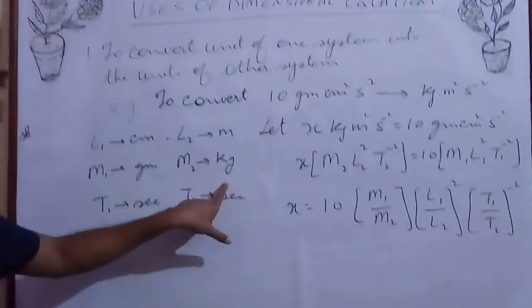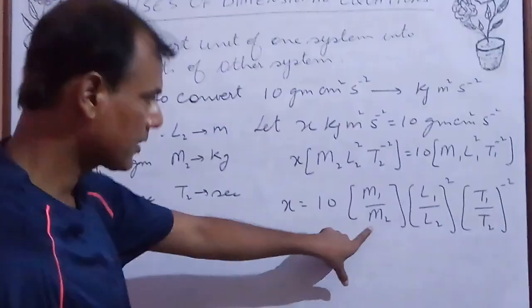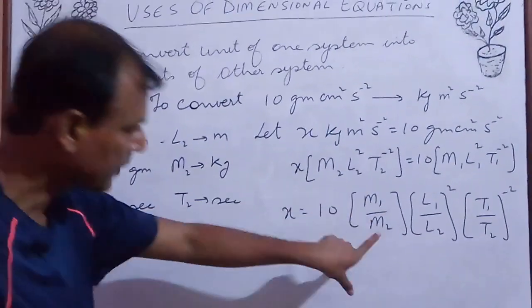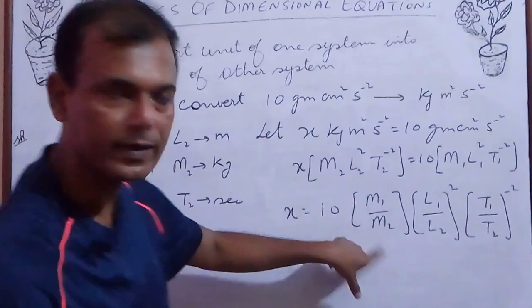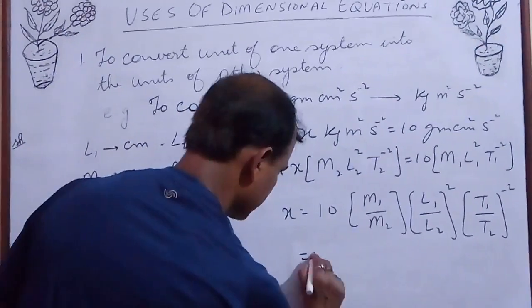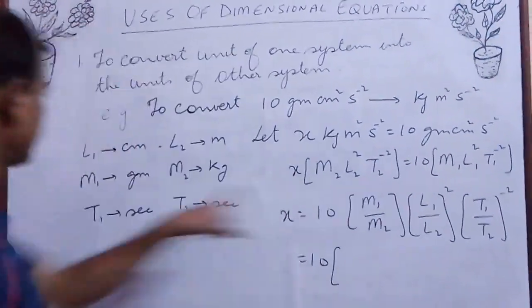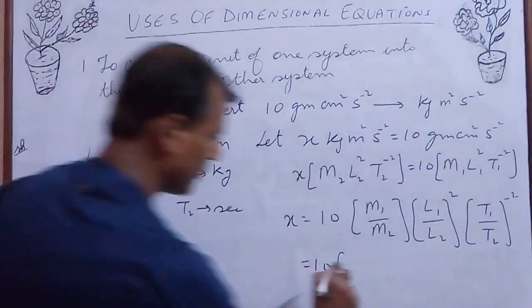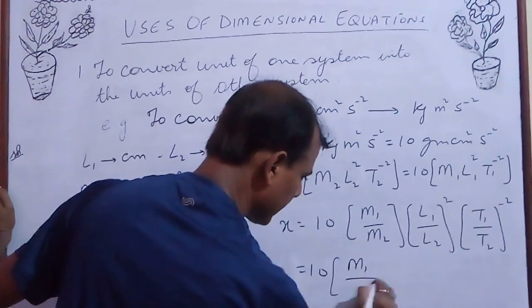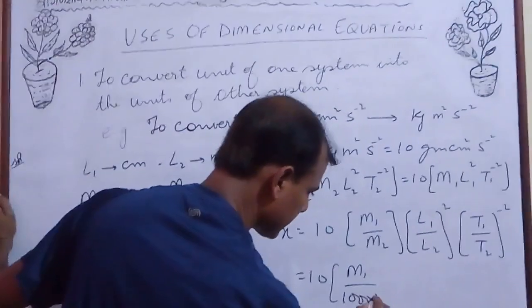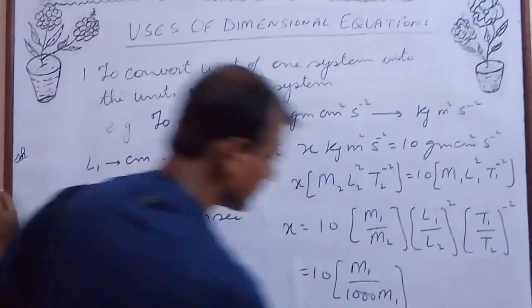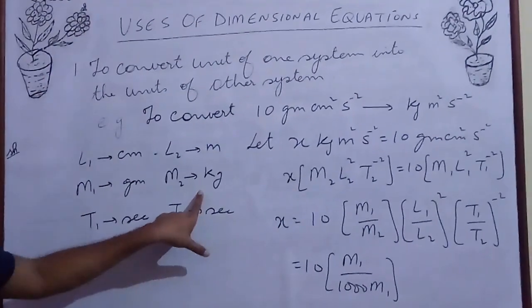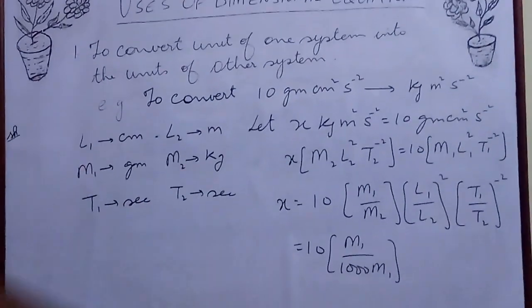M2 is in kilogram, M1 is in gram. M2 becomes 1000 M1. So this is 10, M1 is in gram, let it be in gram only, so this is M1 and this is 1000 M1. M2 is in kilogram, so it is 1000 times M1.